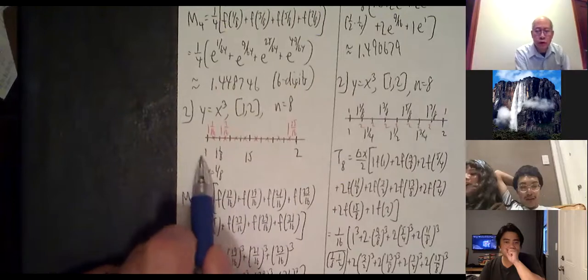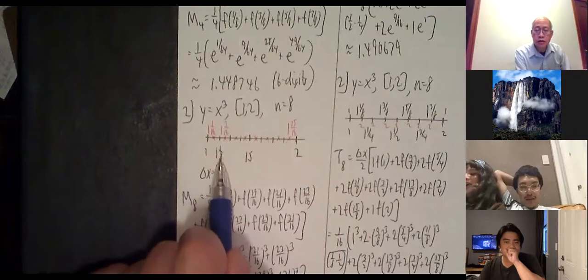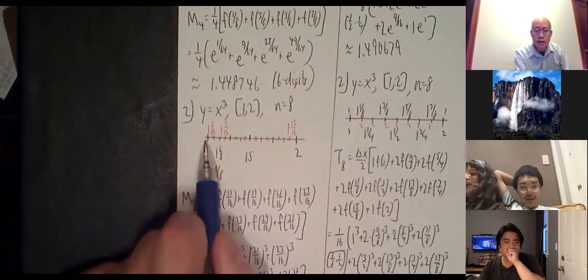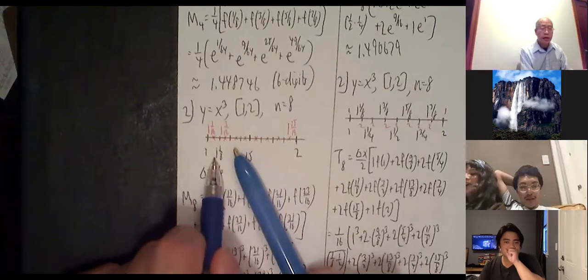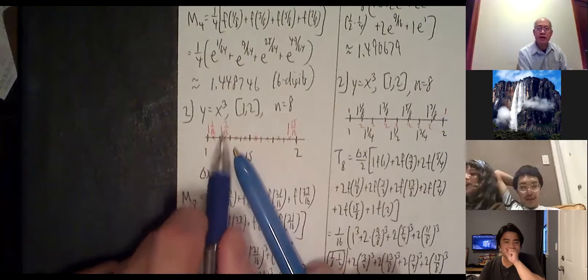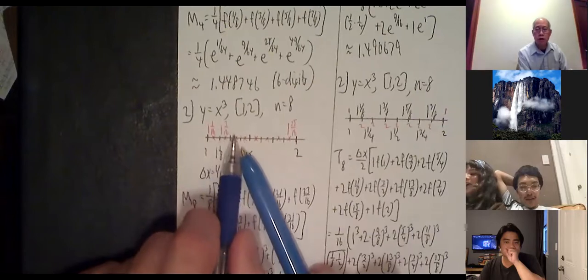What's halfway between 1 and 0/16 and 1 and 2/16? Well, 1 and 1/16. And halfway between 1 and 2/16 and 1 and 4/16 is 1 and 3/16, and so on, all the way down the line.